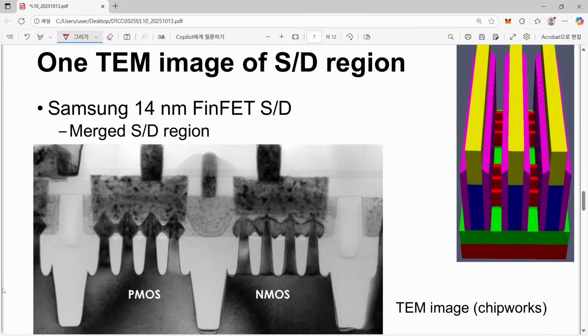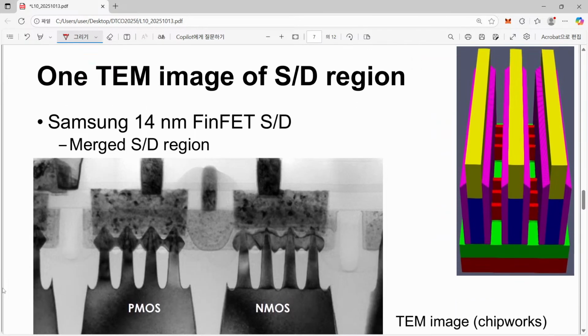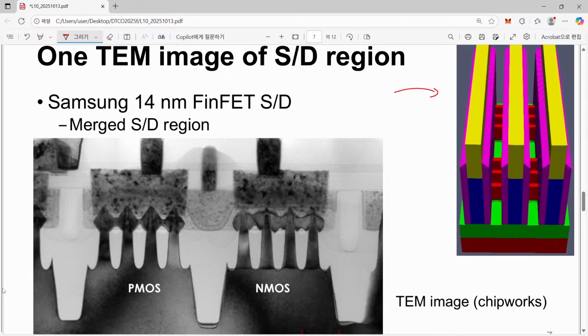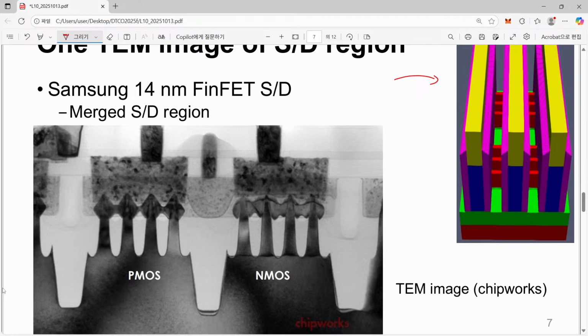Yes, and this is our consideration in Armstrong-Craft, and this one is a TEM image from a certain company which investigates already fabricated products. There are certain companies like this.